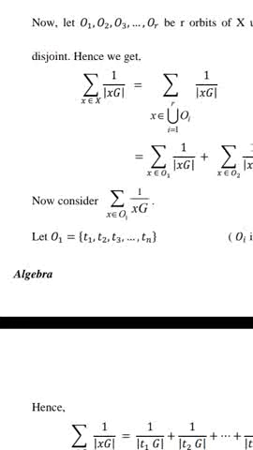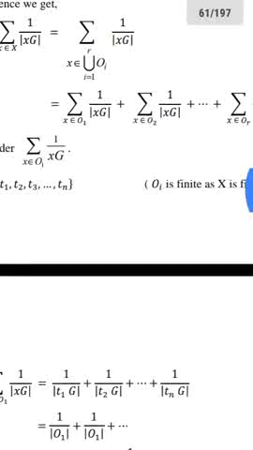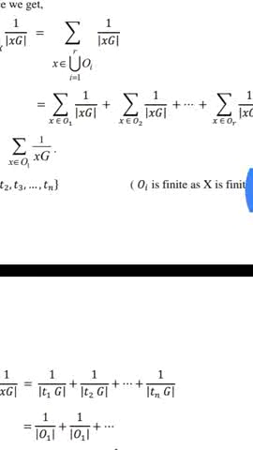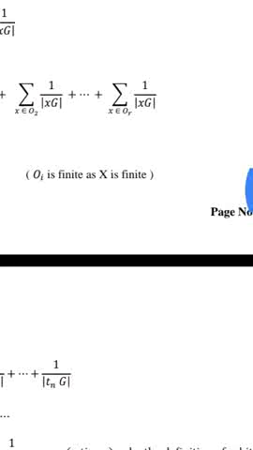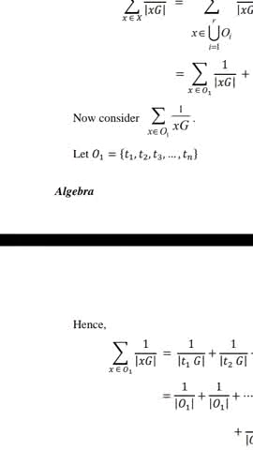So the sum over x belonging to X of 1 upon |O_x| is the sum over x belonging to O1, plus the sum over O2, plus dot dot dot plus the sum over Or. Now consider the sum over O1.